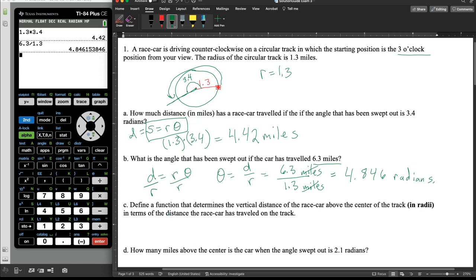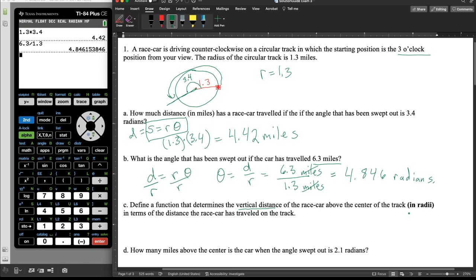Okay. Now we're asked to define a function that determines the vertical distance above the center of the track in radii in terms of the distance the race car has traveled on the track. So remember, vertical distance is the up and down. That's going to lead us into the sine function. If they wanted a horizontal distance, then we'd be looking at the cosine.